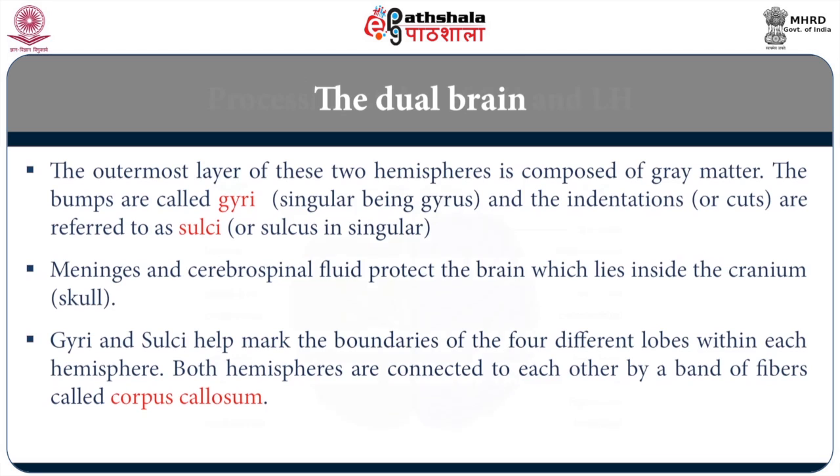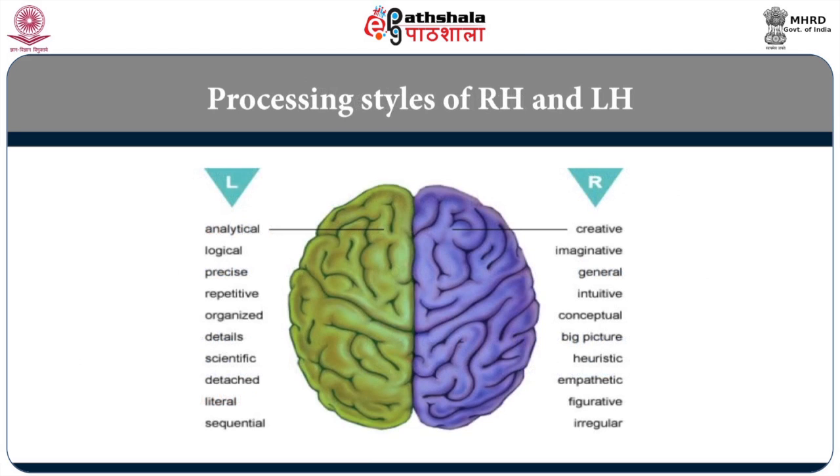Now the right hemisphere and the left hemisphere process information in somewhat different manners. That is, the cognitive styles, the information processing styles of the two hemispheres are different. As you can see on the screen, the left hemisphere is in green and the right is in blue. The left hemisphere pays more attention to analytical information: logical, precise, repetitive, organized, scientific, literal, sequential.